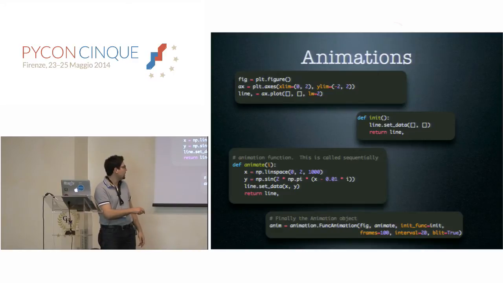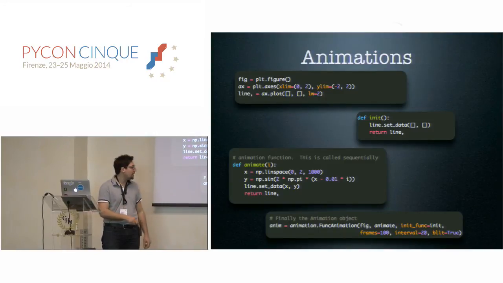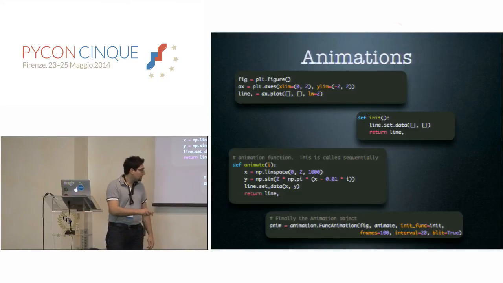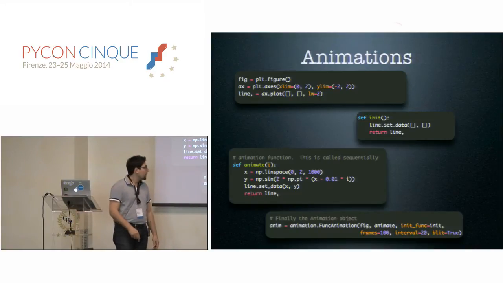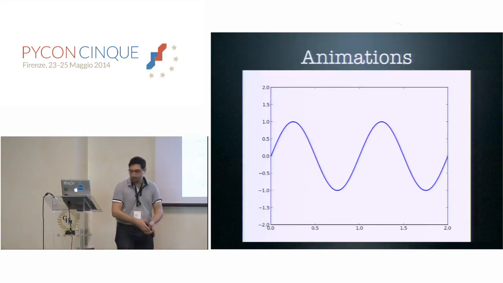And finally, we create animation.FuncAnimation that takes as input the figure we created here, the animate function, which keeps on generating data, and the init function, which is init in this case. The number of frames, the interval, the blit is a parameter to the rendering. And this is the result.